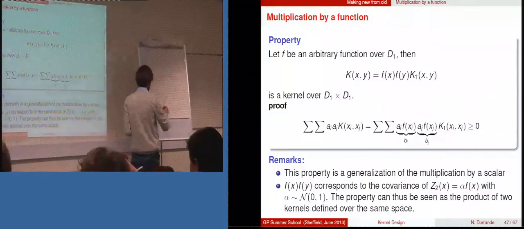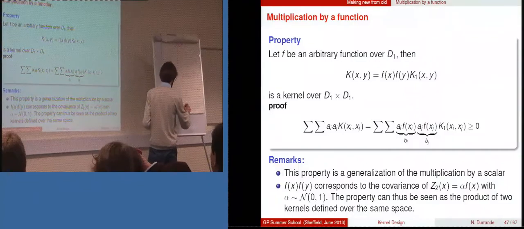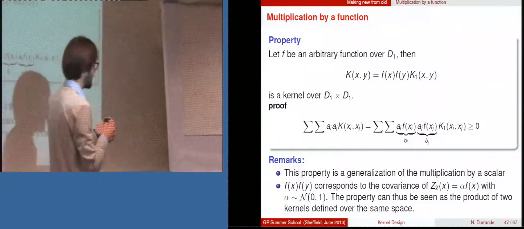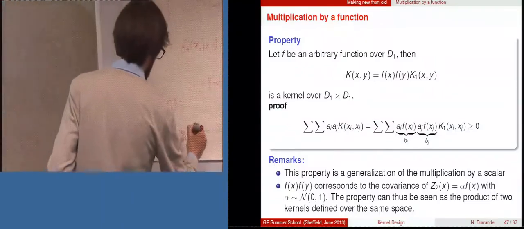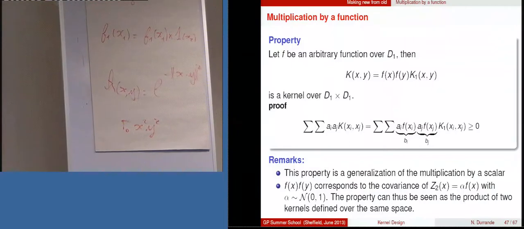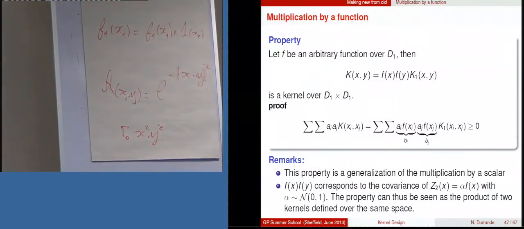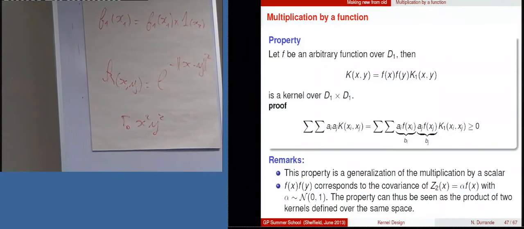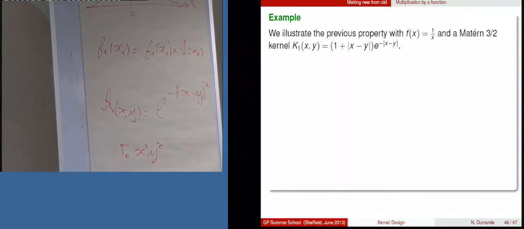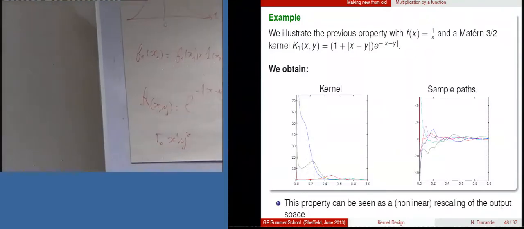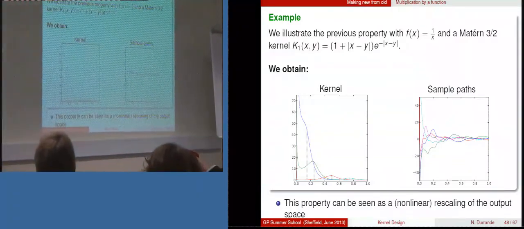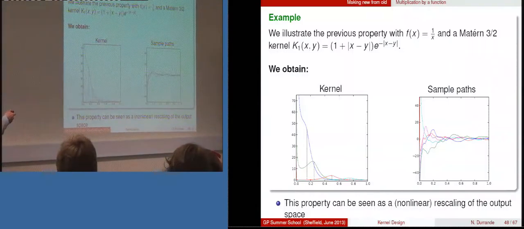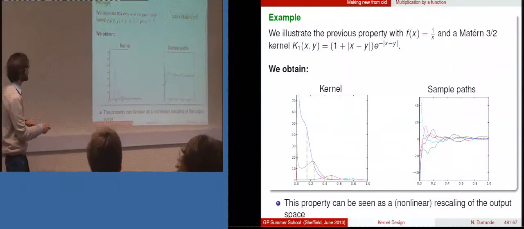I used it previously to put some quadratic components when we were looking at the Mauna Loa example. The first kernel I was using in my sum was sigma 0 times x squared times y squared. So this is a quadratic kernel, and this is just a product of 2 functions. Here's another example. I take f of x equal to 1 over x, with the usual kernel, then I multiply both, so f of x, f of y times this kernel, and this is what I obtained.